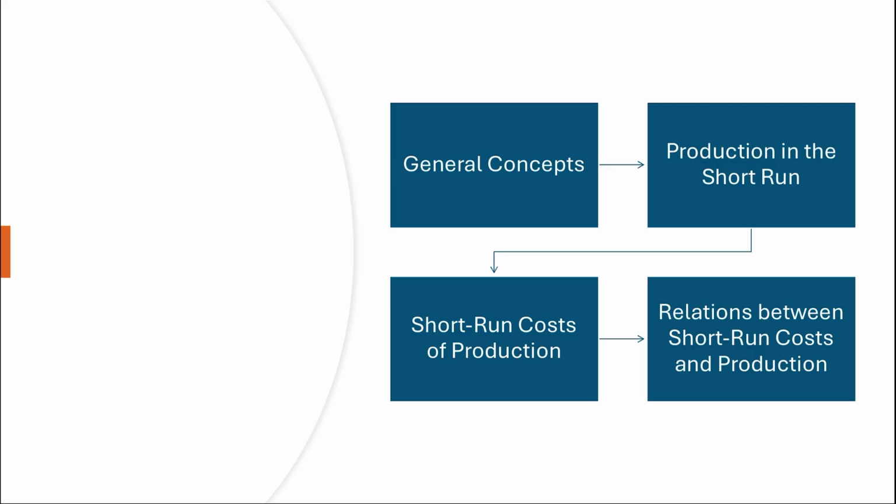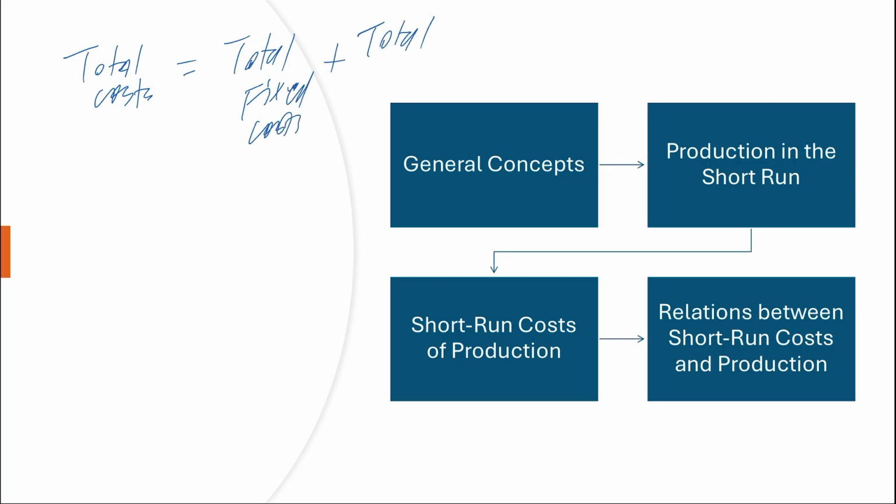So with our short run costs, we could think about our total cost as equal to our total fixed cost plus our total variable cost. So if we go back to the simple labor and capital example, the total fixed cost would be our cost of capital in the short run, and our total variable cost would be our cost of labor, which we can vary depending on how many workers we hire.